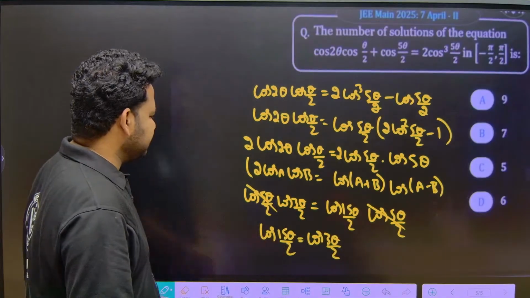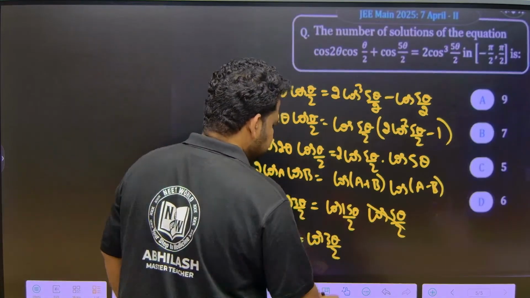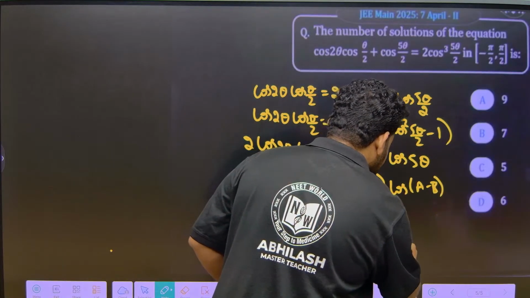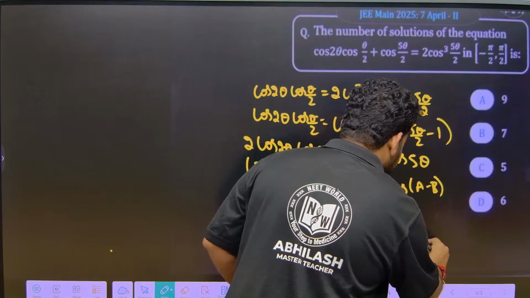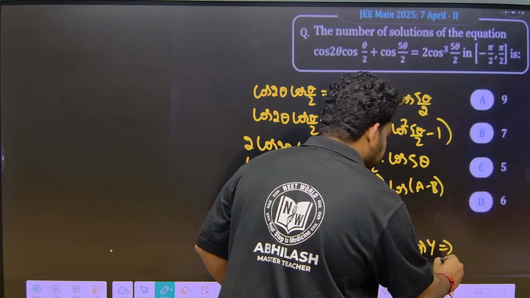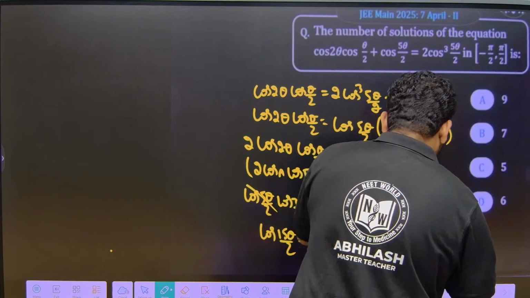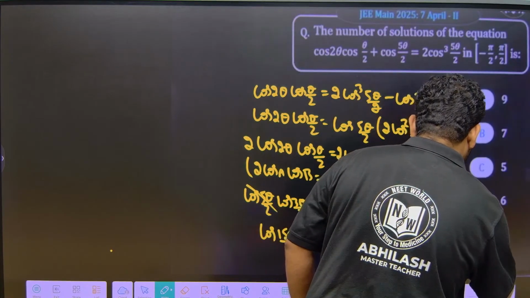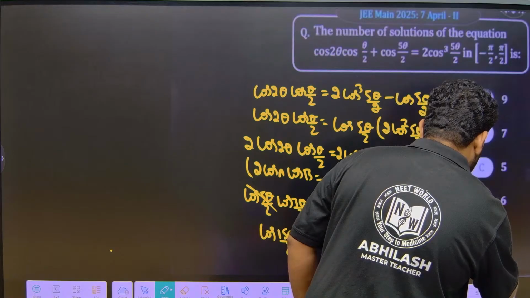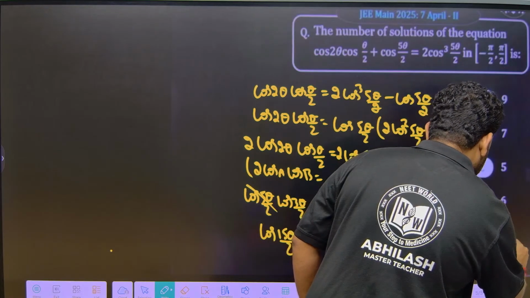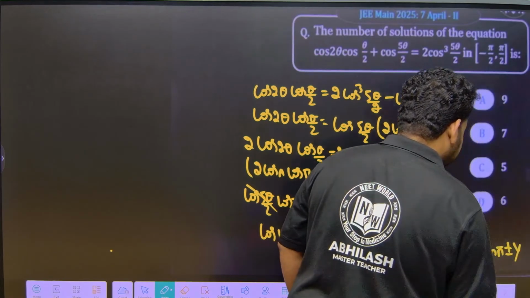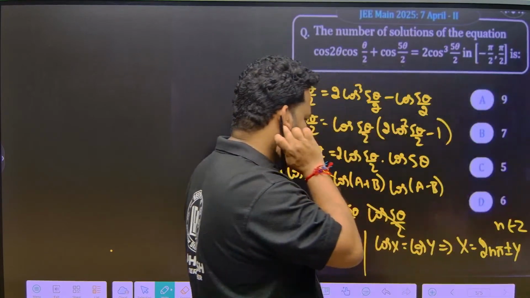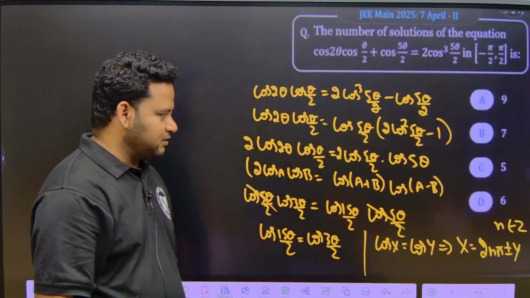Now understand one thing. If you have something like cos x equal to cos y, this implies x is equal to 2nπ plus or minus y, where n belongs to integers.